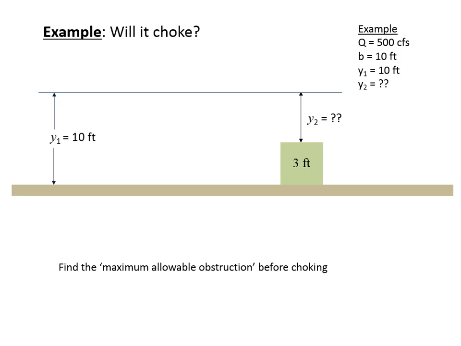And what we found is there's 10.388 feet of available energy. And if it was going to be choking there, then we'd have the critical depth and the 3 feet. So the critical depth was, let's see, the minimum energy, which is the critical depth and the velocity head, of 6.4 plus another 3.